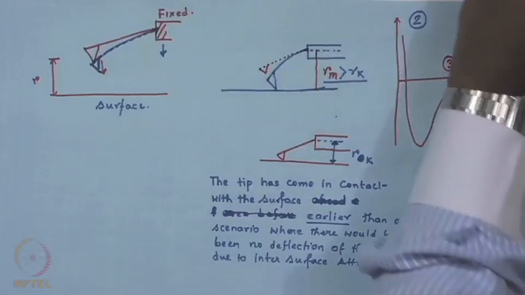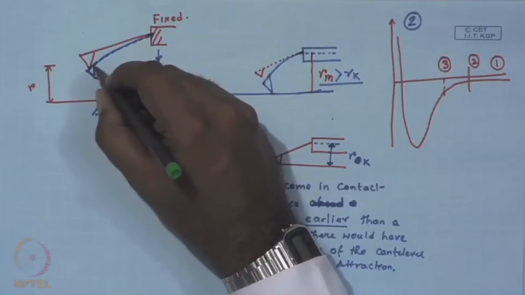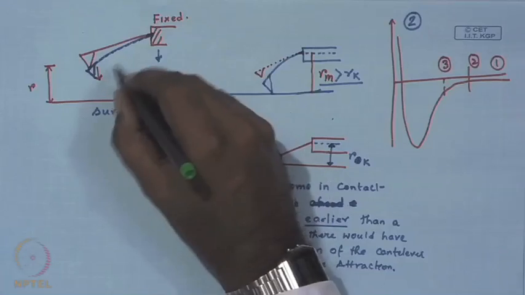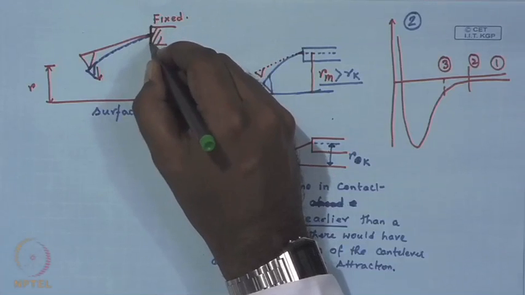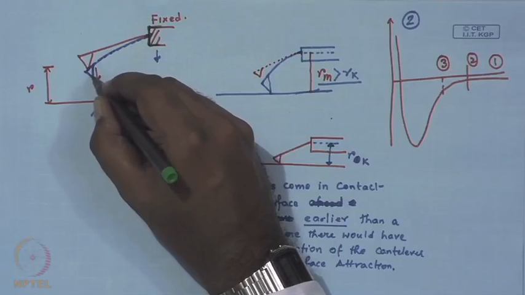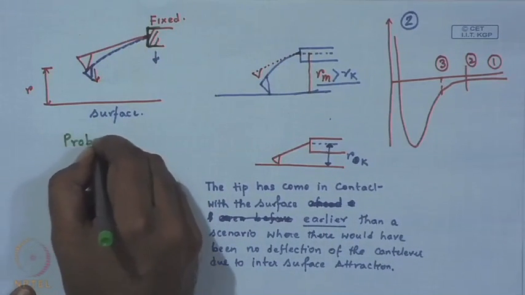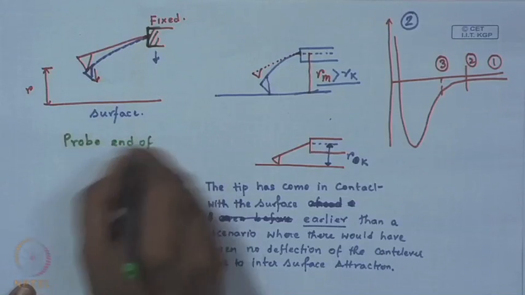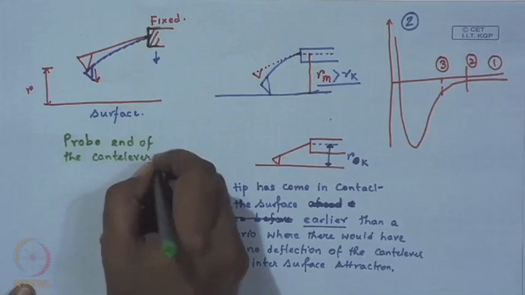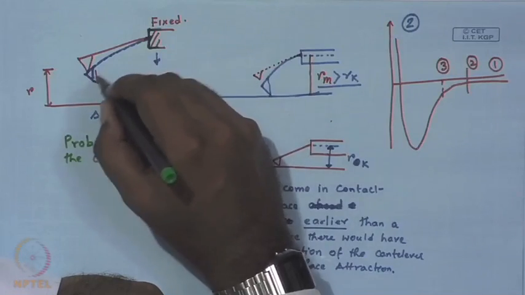So, since you have taken a cantilever or a spring which is flexible enough, the stiffness is low enough to deform to these types of forces, and the cantilever is fixed on this particular end, the probe end of the cantilever deforms or feels the attraction and starts deforming in this fashion.